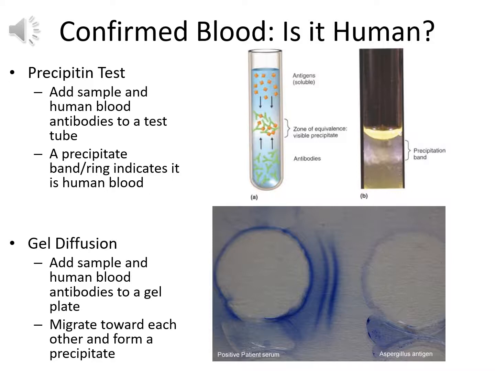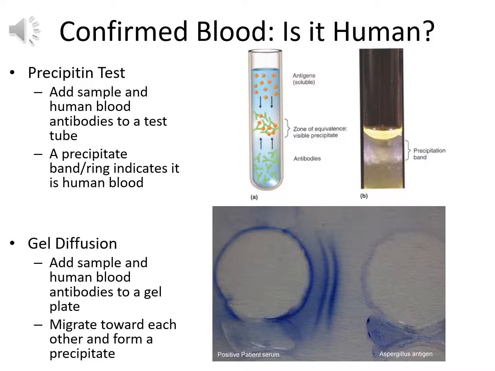You add the sample and human blood antibodies that will only react with human blood to a test tube. If you get a precipitation, a band or ring of precipitate, that will indicate that it is human blood. If you don't, then it was blood, we know that, but it was not human blood, and then we could run a test for various other common animal bloods, like those animals that I mentioned that are food for many of us.